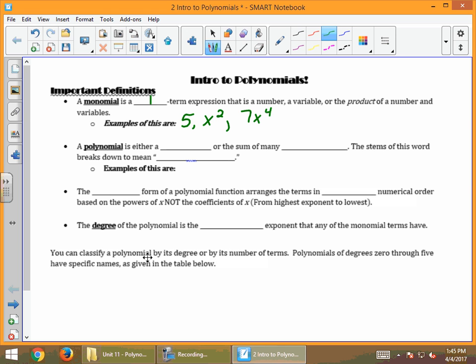Give me another example. Megan? 11. Yeah, 11. That's a monomial, just a number. The other example?